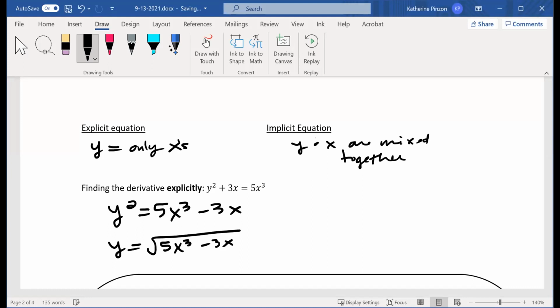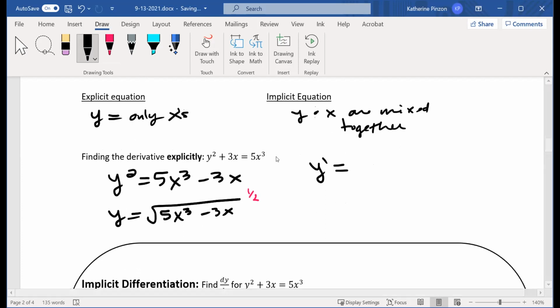All right, how do you find the derivative of that? Yeah, chain rule, because square root is the same as the 1/2 power. So this would look like 1/2, keep the inside the same, to what power? -1/2.